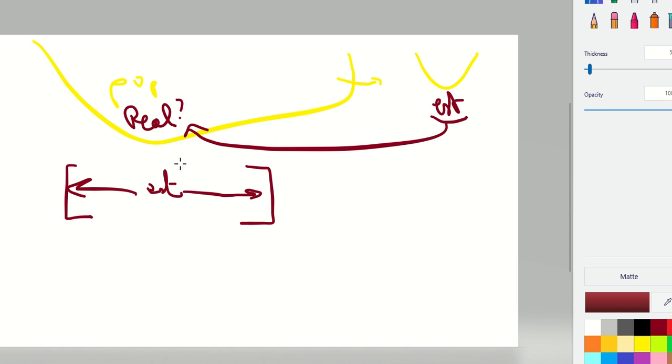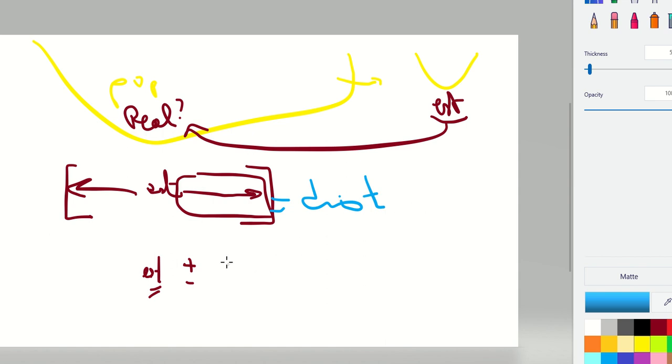So how do you build that interval? You build that interval by adding and subtracting from your estimate this distance. Now, how do you determine the distance? This distance is equal to a certain test, so it could be a z test, it could be a chi-square test, it could be a t test, multiplied by something called a standard error.